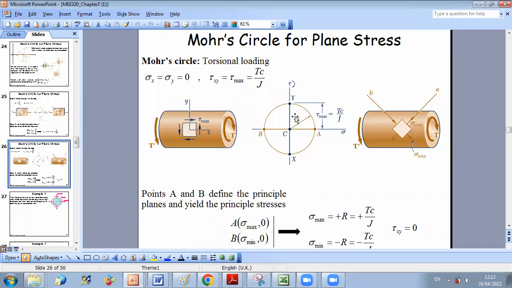So whenever you have a torsional loading, pure torsion, and you want to determine the state of stress at the free surface, we have discussed together that for a free surface, we have a 2D plane stress.